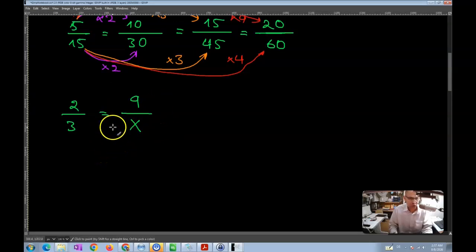Then you can cross multiply. You can say 2 times x is the same thing as 3 times 9, and this is basically your x.